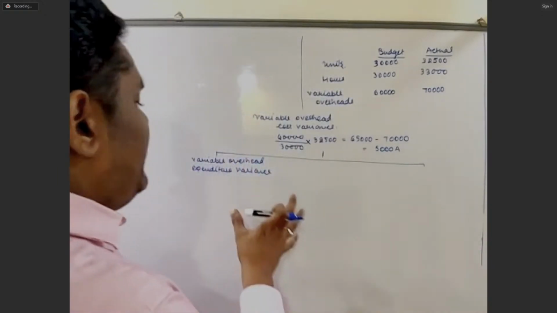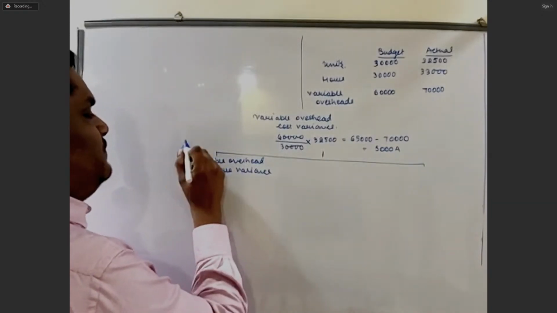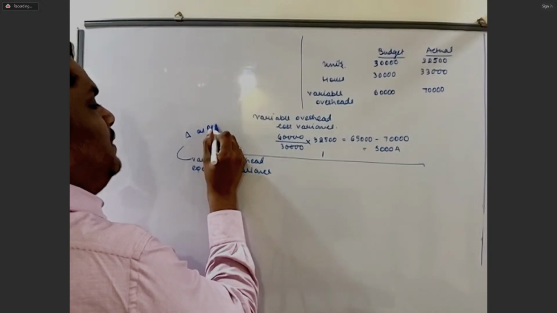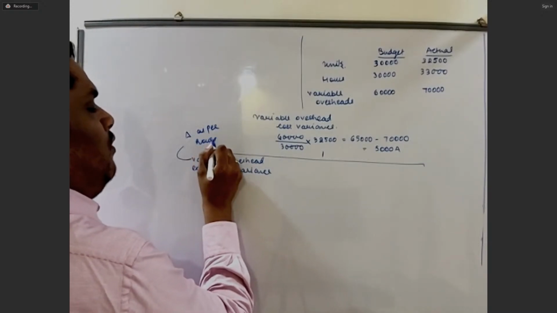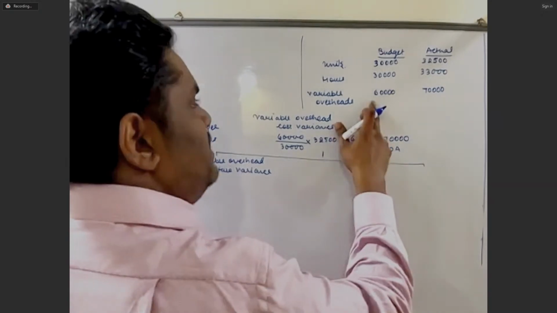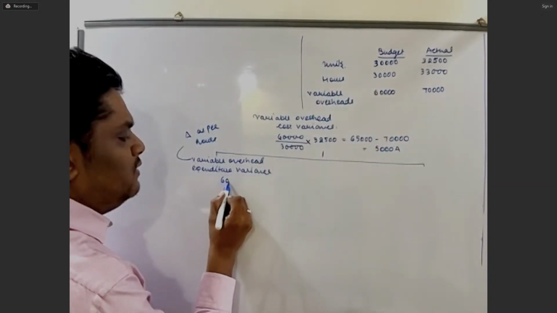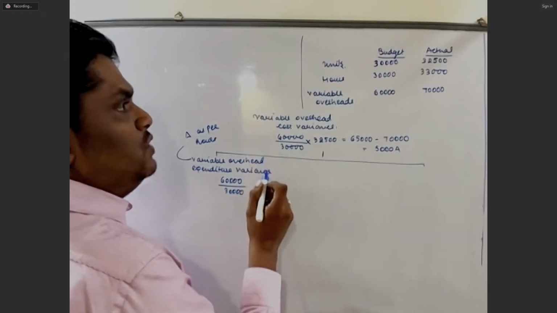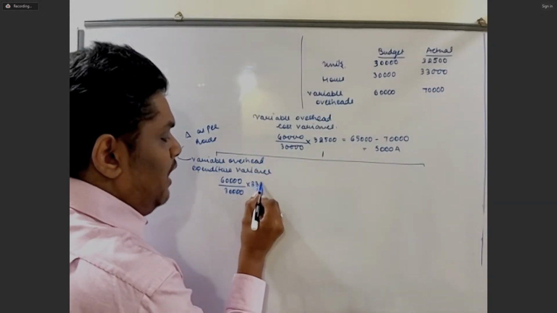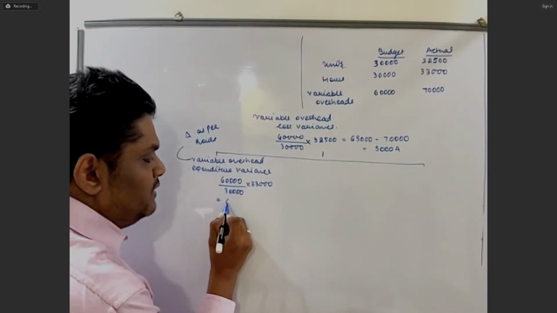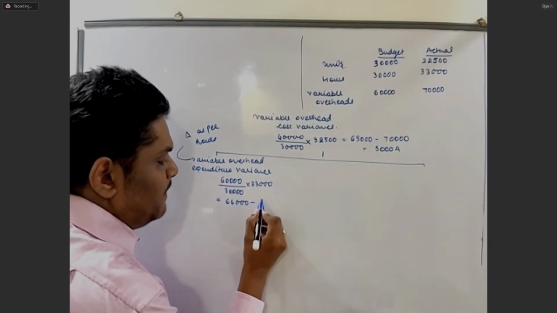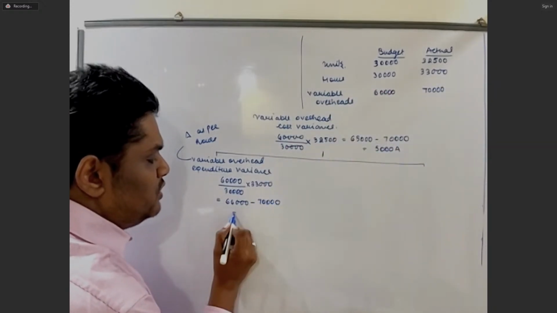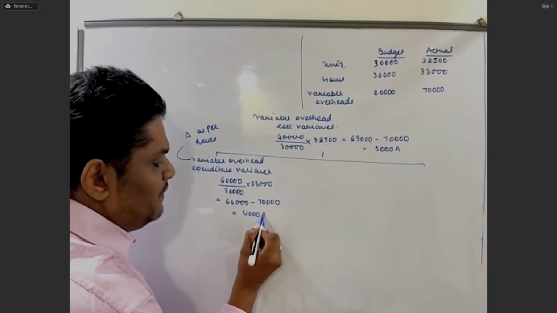So, when talking about variable overhead expenditure variance, we'll be considering the hours, that is, change as per hours. So 60,000 overheads for 30,000 hours. So for 33,000 hours, how much? 66,000. And the actual overheads were 70,000. So this will be 4,000 adverse.